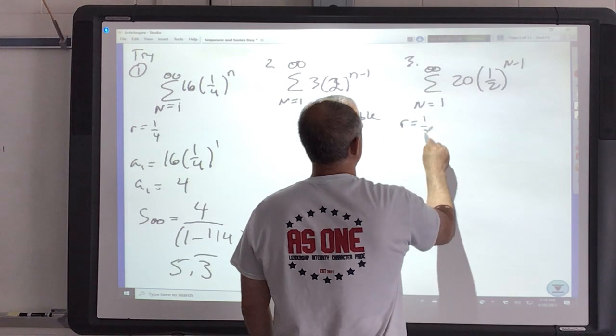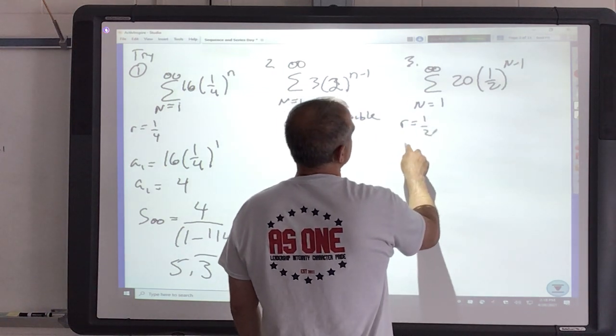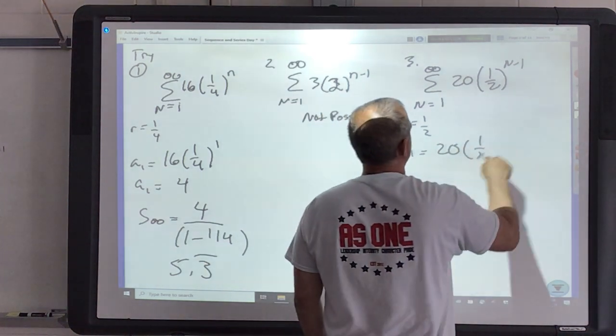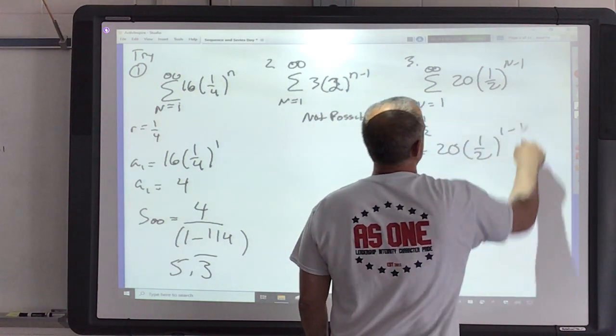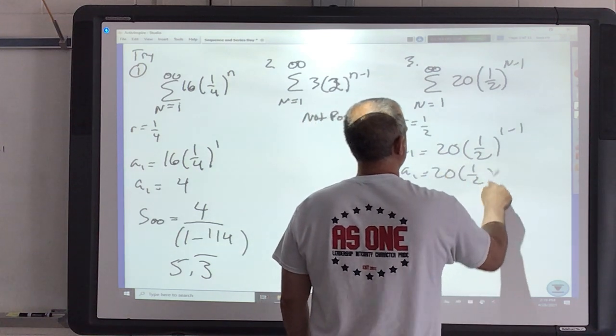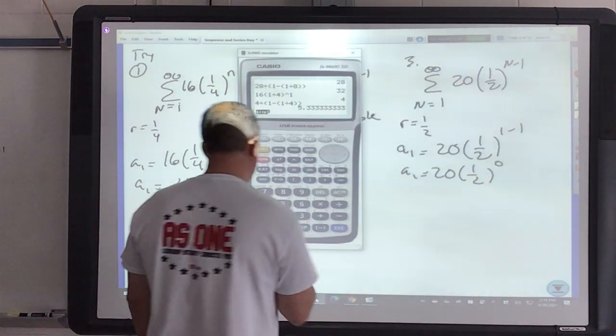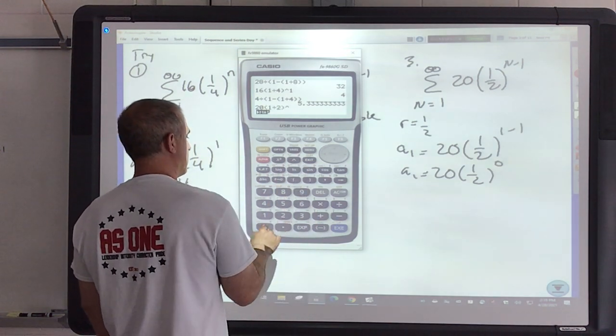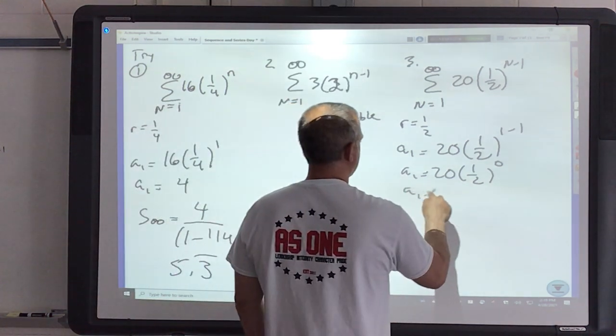My R right here is 1/2. So what I have to do is find A1, which is 20 times 1/2 to the 1 minus 1, so that's going to be 20 times 1/2 to the 0 power. That's just 20.